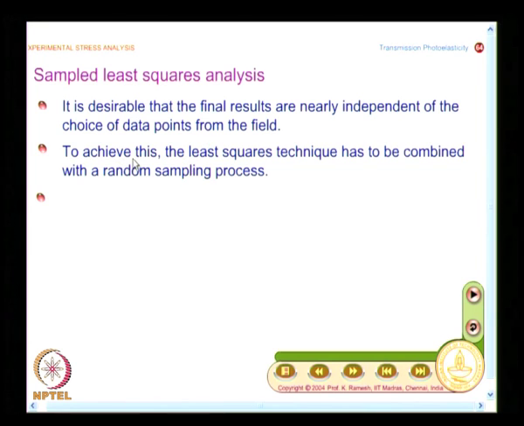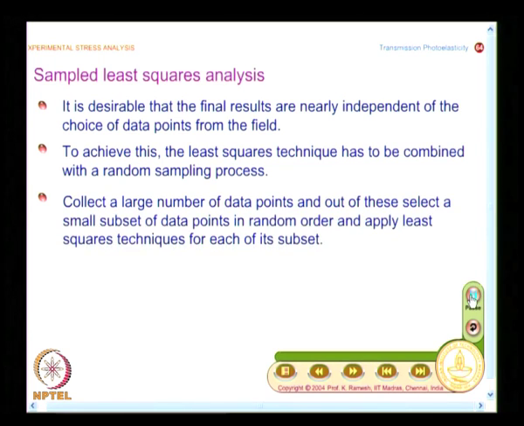To achieve this, the least squares technique has to be combined with a random sampling process, and this is very simple to implement. There are random number generators available, so you can easily do that. And what you basically do is you collect a large number of data points, and out of this select a small subset of data points.